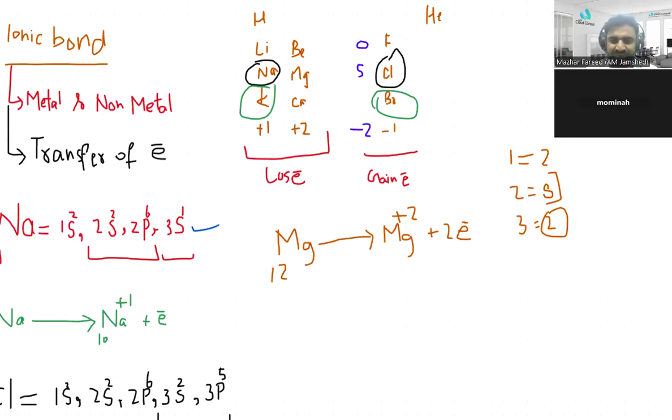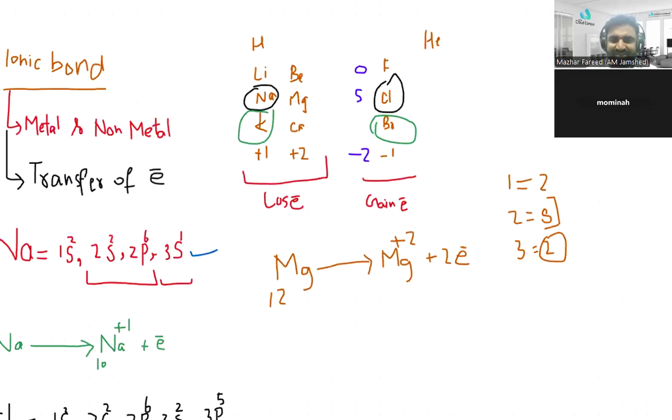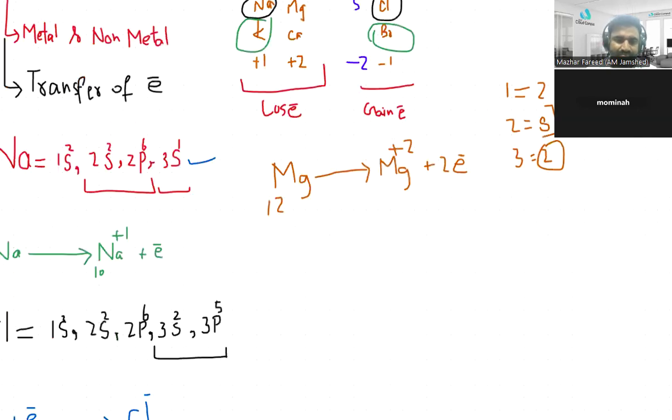So the second element that gains electrons from the magnesium is oxygen. Magnesium is in the second group and oxygen is in the sixth group. Sixth group elements require two electrons to become stable. So oxygen is gaining the two electrons lost by the magnesium.